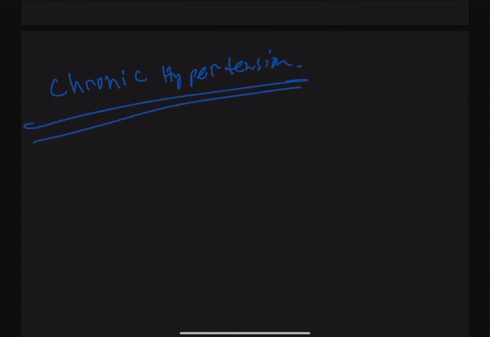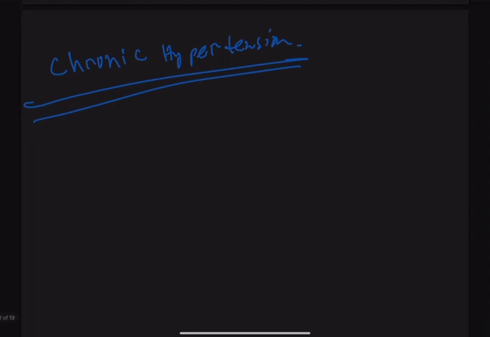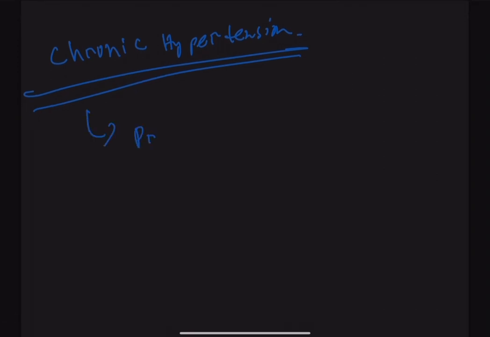Now let's talk about other uses like chronic hypertension. We use alpha adrenergic antagonist in chronic hypertension, and we mainly use prazosin, terazosin, and doxazosin.